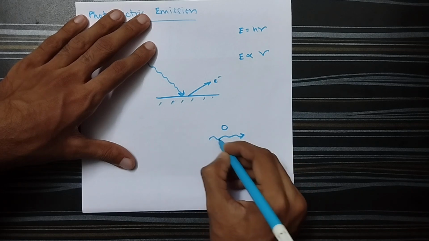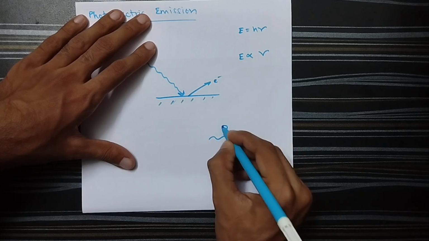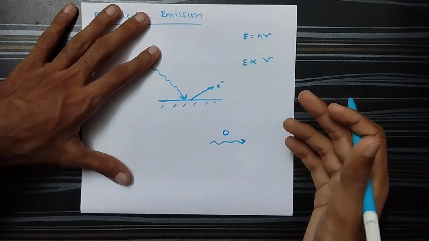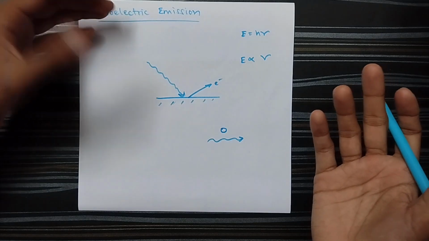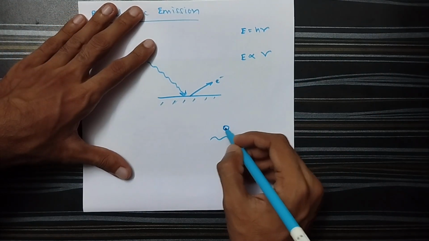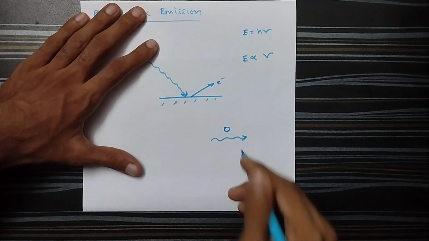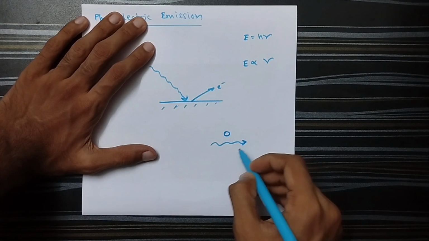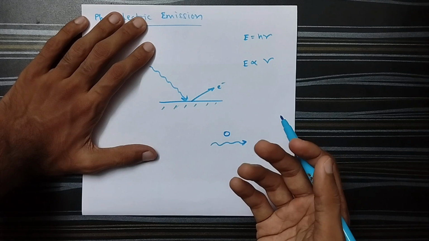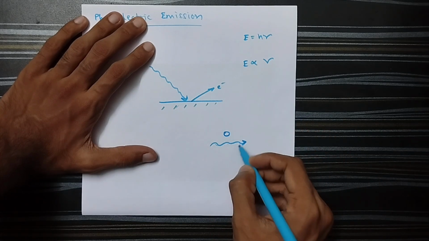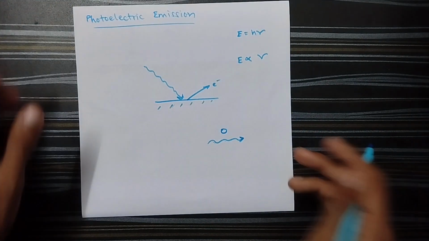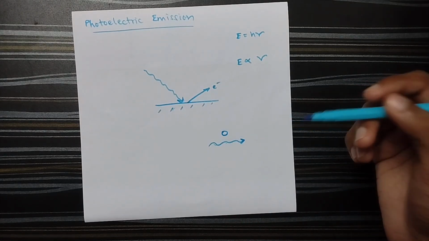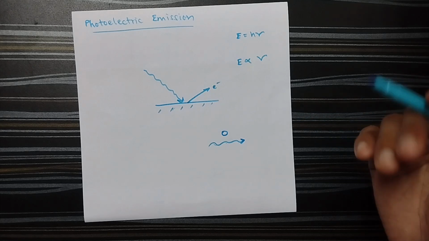When we are discussing phenomena like reflection, refraction, and such other phenomena, you can use the particle-like explanation of matter. But when we are explaining things like diffraction and interference, we have to use the wave-like property of radiation. So radiation can be both particle and wave-like at the same time.